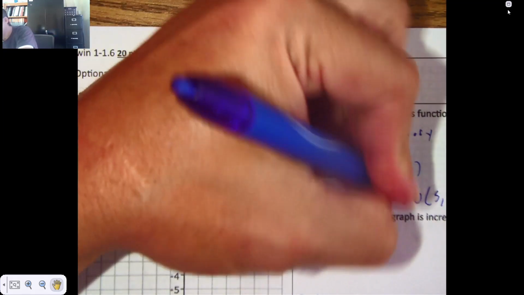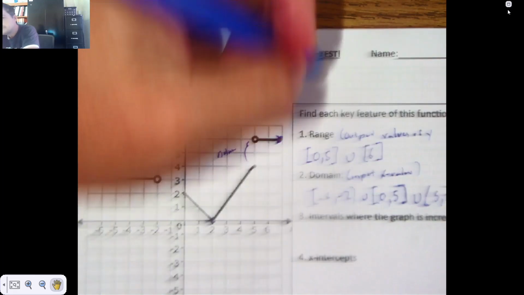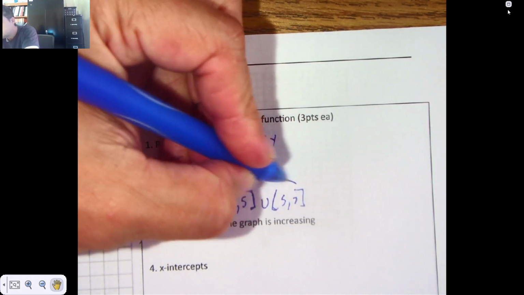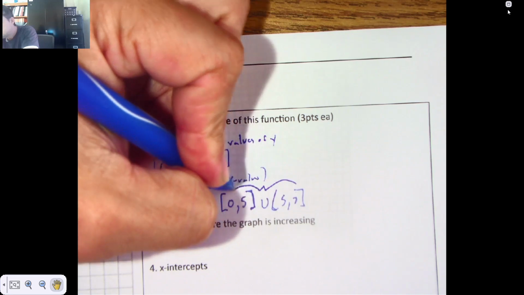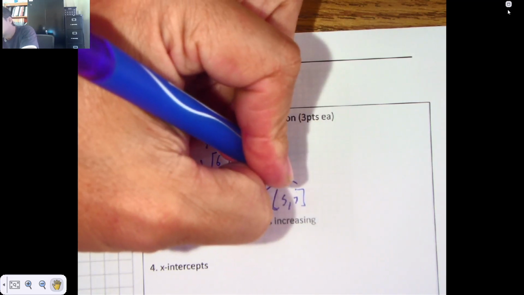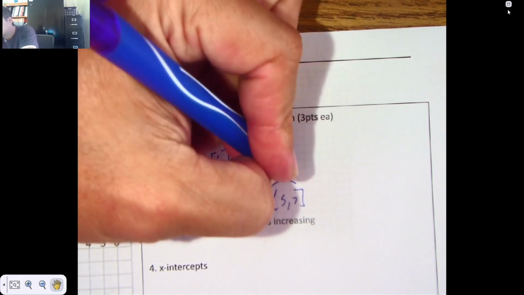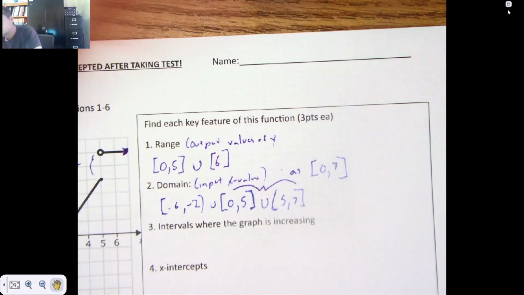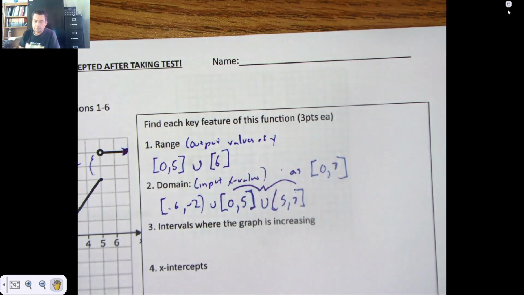Now, because one of these is a bracket and one of these is a parentheses, this is actually the formally correct way to do it. But most people, and it is accepted, will write this thing right here as 0 to 7. The author of your textbook does that. So it's okay.